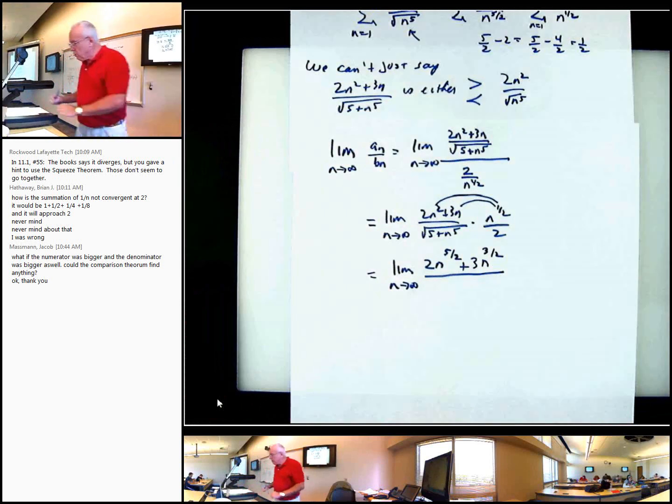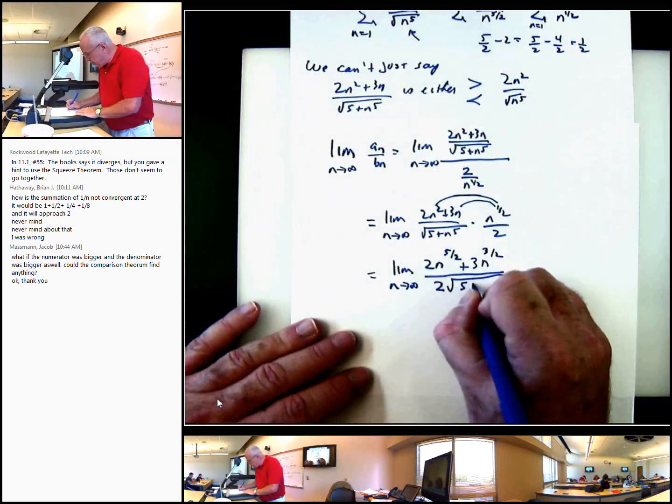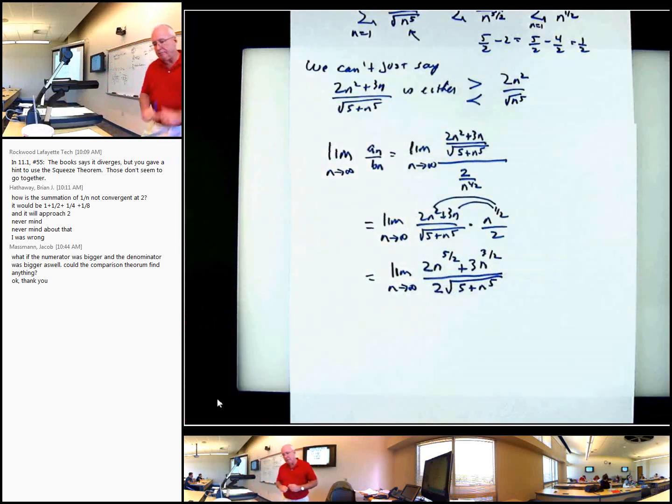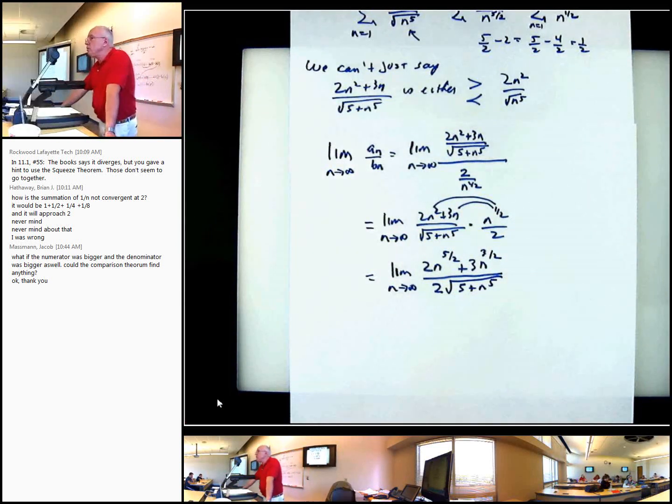And it's all over 2 times the square root of 5 plus n to the 5th. Okay, we're still going to use our same old trick. We're going to divide all the terms by the biggest power of n.